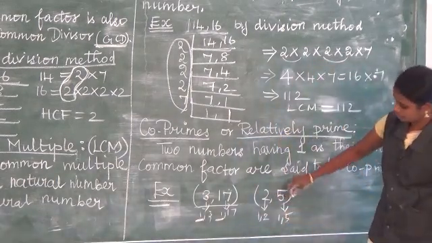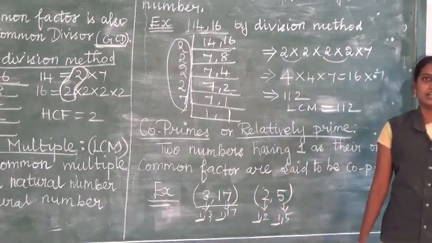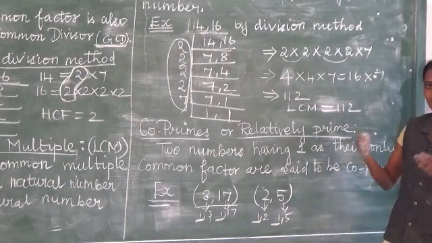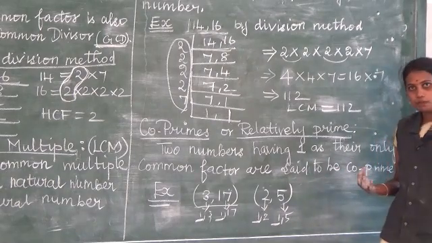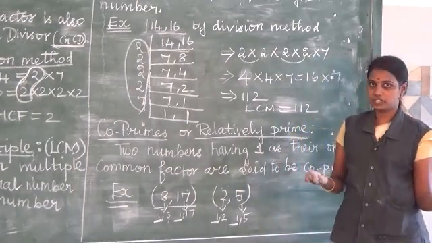The common factor is only 1, so these two numbers are co-prime. We can have so many examples, both prime, or one prime and one composite.